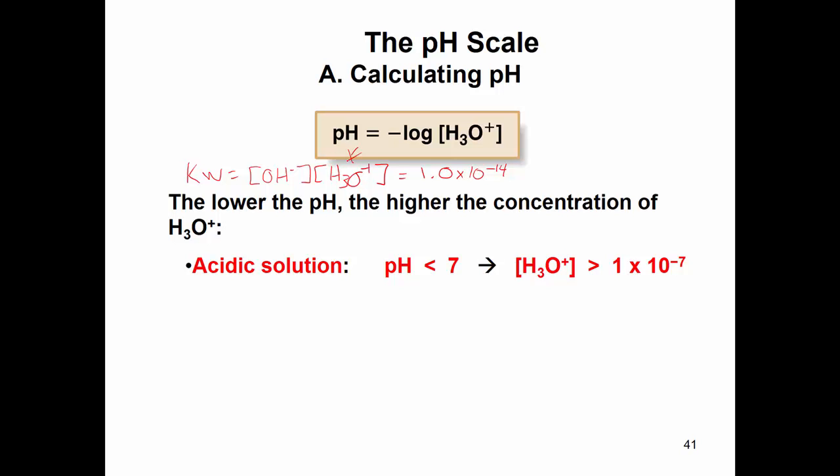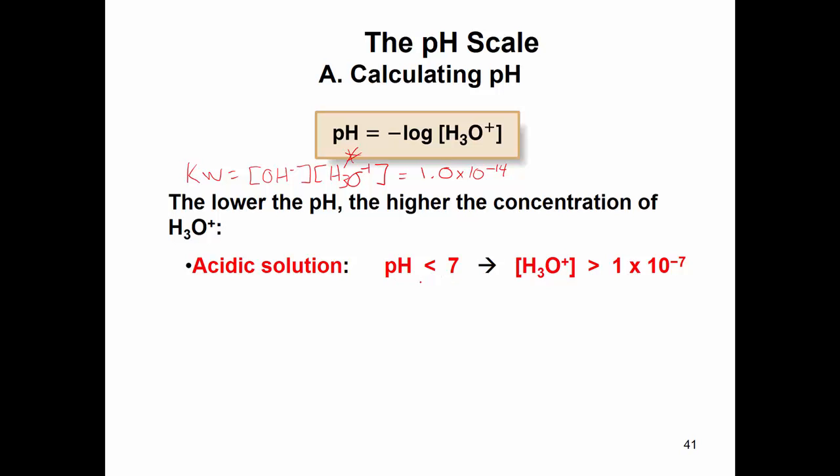So we're looking at the power of hydrogen in this situation. The lower the pH, the higher the concentration of H3O plus. So if you have more hydronium, that means you have a more acidic solution, and your pH is going to be less than 7.